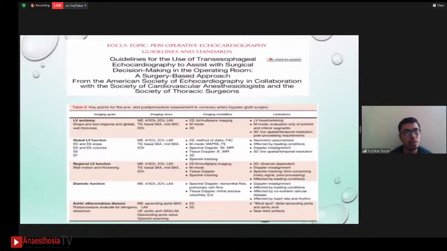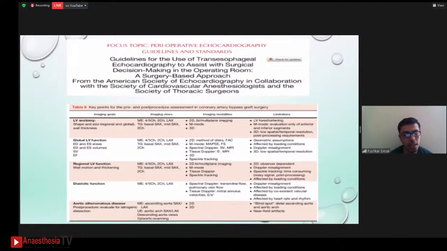So I have taken this part during the CABGs, where the TOE monitoring revolves around assessment of the biventricular function, including the LV anatomy, then any regional wall motion abnormalities during the pre-grafting and post-grafting period, along with simultaneous assessment of diastolic function.